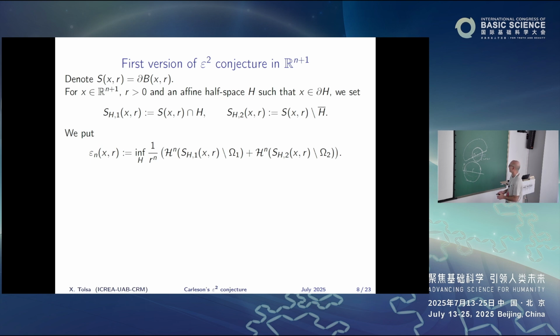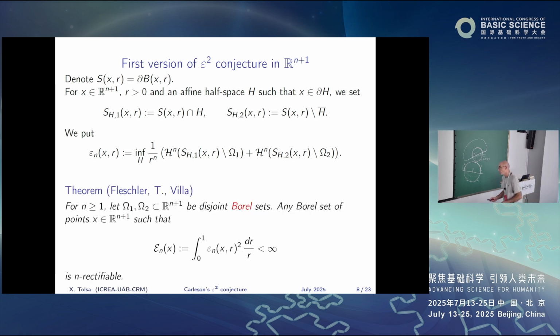So that if one half sphere is fully contained in omega 1 and the other half sphere is fully contained in omega 2, then this coefficient is 0, right? So you see that there is some connection between this coefficient and the previous one. I'm not saying that this is exactly the same quantity, but there is a connection. Notice that this is invariant by scaling, right? Because we have n-dimensional measure and we divide by r to the n.